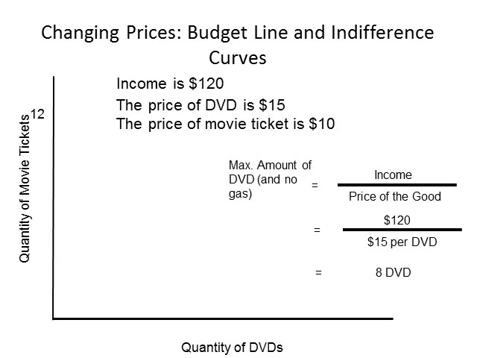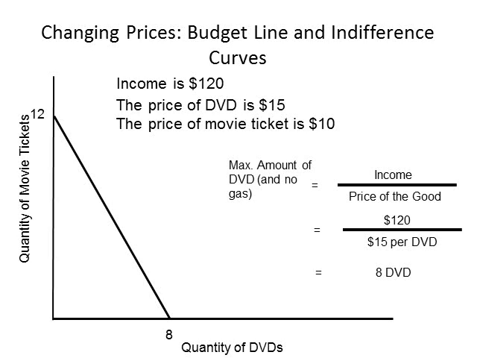The maximum number of DVDs Joe is able to buy is 8. Drawing a line between the 12 and the 8 gives us the budget constraint line.